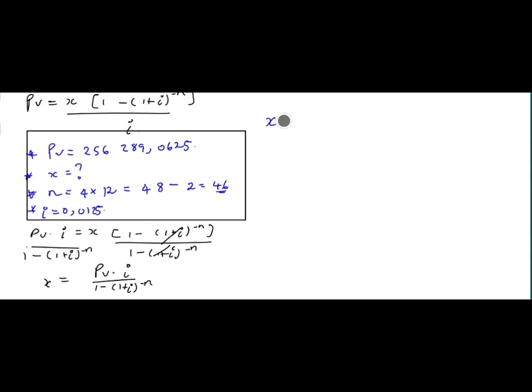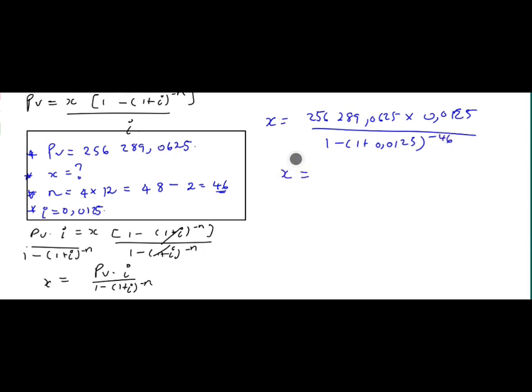So now X will be 256,289.0625 multiplied by I, which is 0.0125, all over 1 minus 1 plus 0.0125 to the power minus n, which is now minus 46.